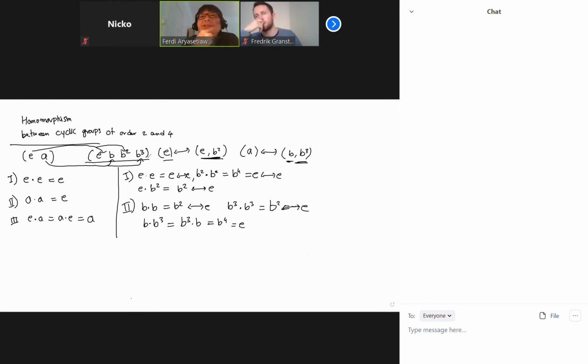Again, we can see if it is a factor group or not. We can think of this as a factor group, A and B squared. So E and B squared presumably forms an invariant subgroup.